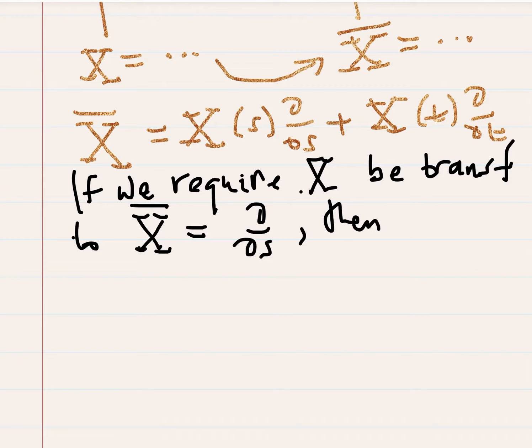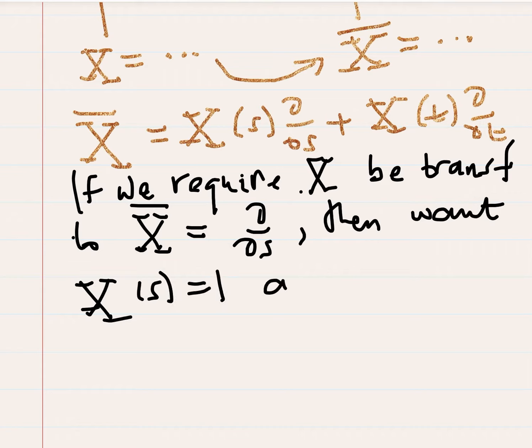Then just looking at the transformation formula above, we would want X of s to be equal to 1 and X of t to be equal to 0.